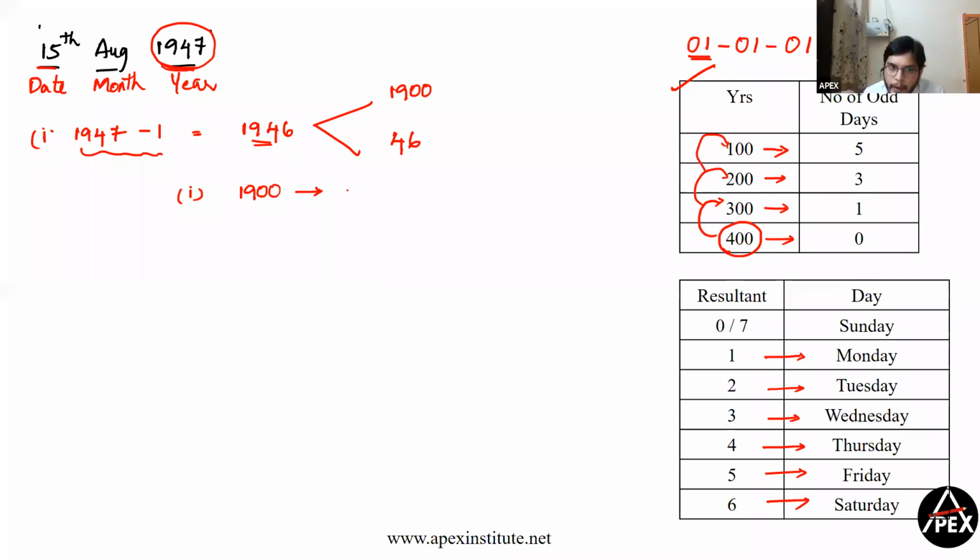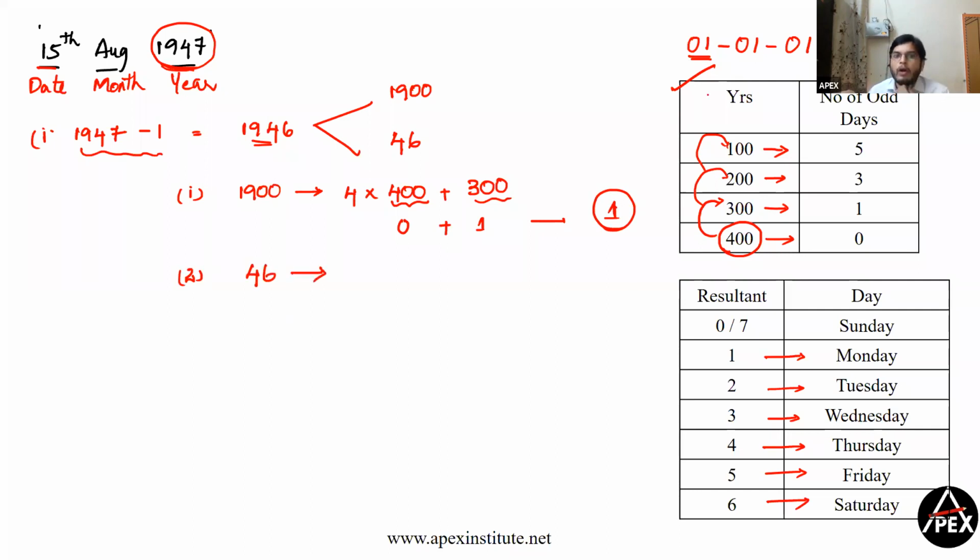So I can write 1900 as 4 into 400, which is 1600, plus 300. Now, how many odd days do we have in 400 years? 0, isn't it? So 4 into 0, 0. How many odd days do we have in 300 years? 1. So 0 plus 1 is 1. Leave it here. Now coming to 46.